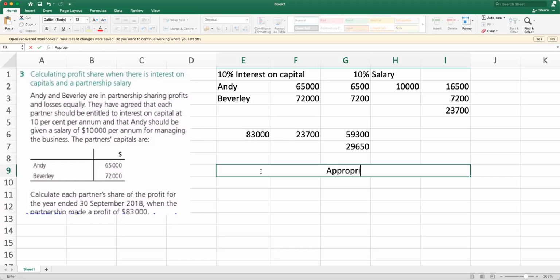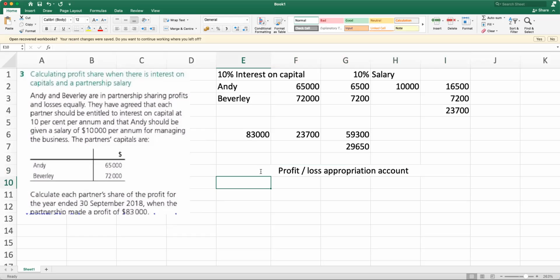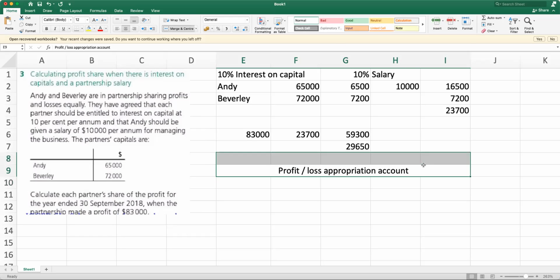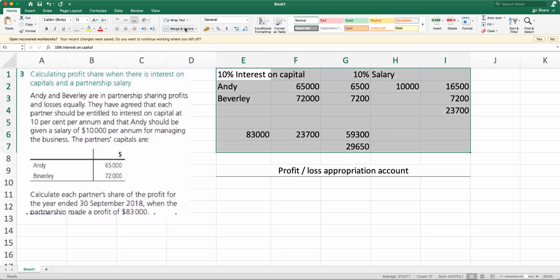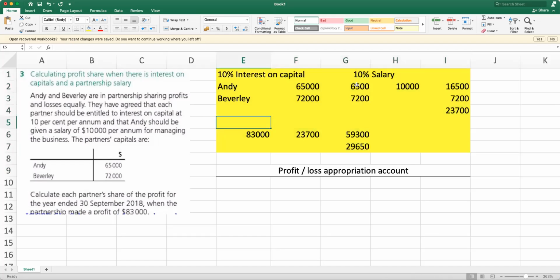Profit and loss appropriation account. Okay, so for this one, you have to understand the concept first before attempting the question. This is the concept that I've given to you, what you need to understand. So Andy will take this amount, and this amount.